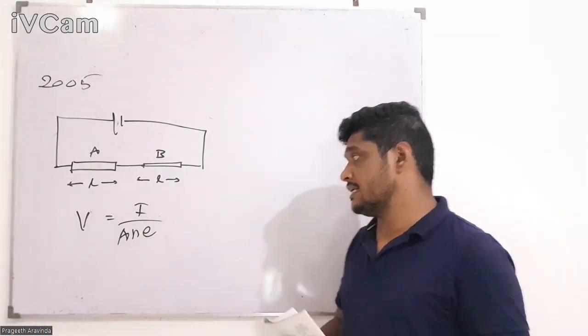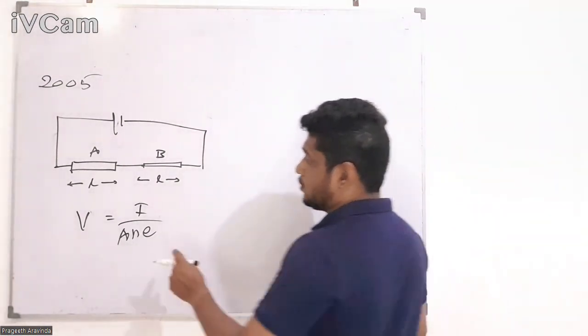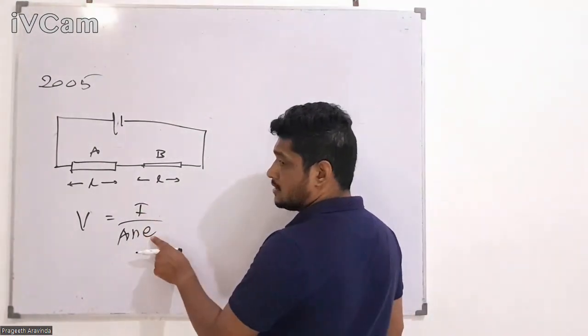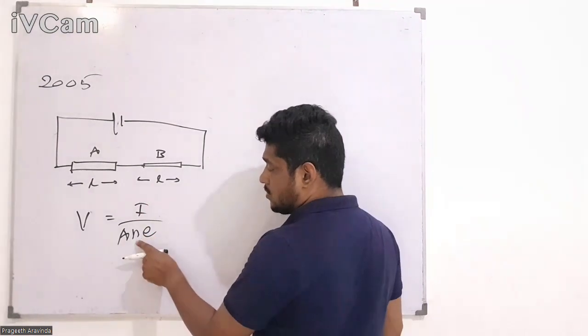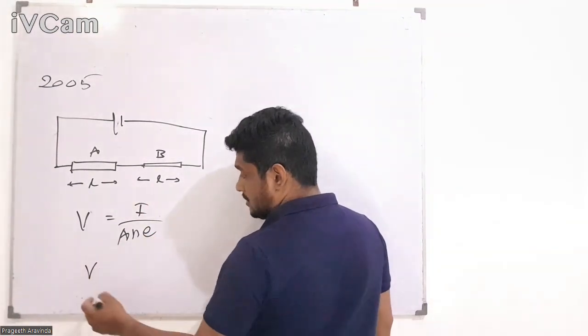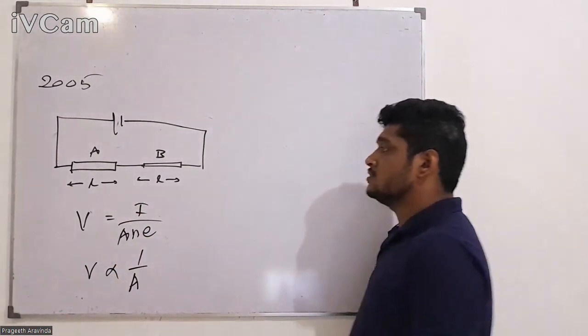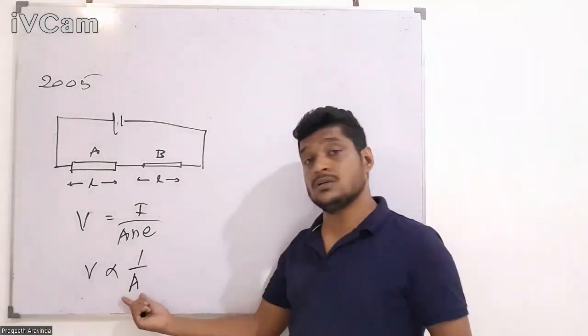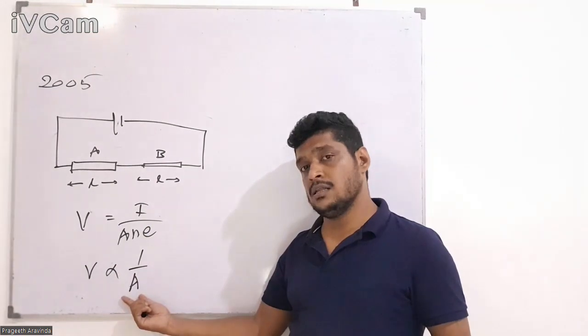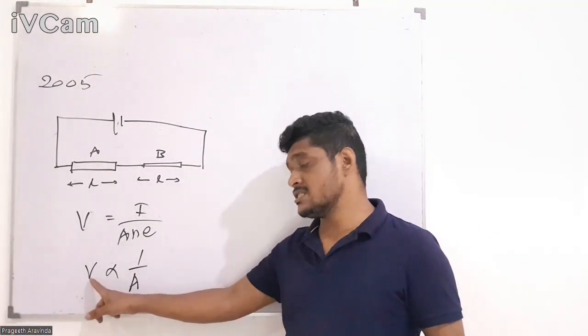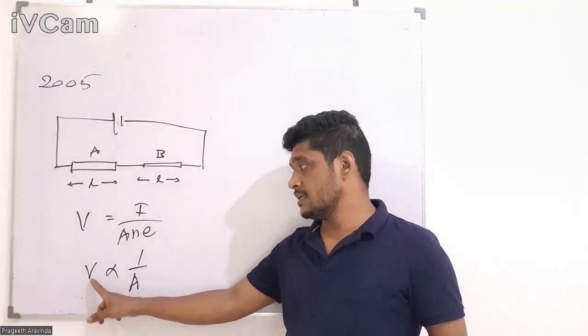So if that is not going to be changed in this equation, this one is constant, the charge of the electron is constant, and n is constant. So the drift velocity is inversely proportional to the cross section. So you can see here, if the cross section is large, the drift velocity is small, right?